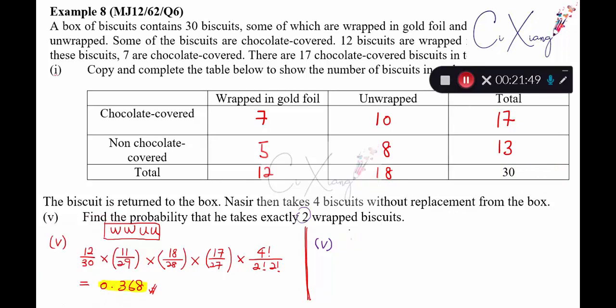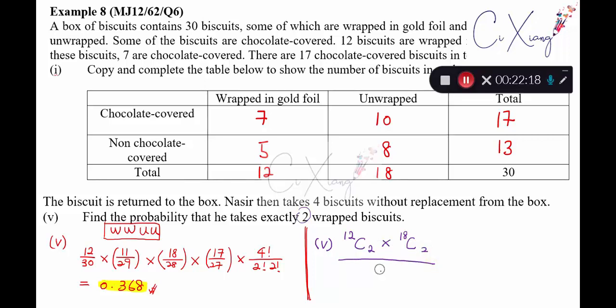We have 12 wrapped biscuits in total, and I would like to have 2 in the selection, multiplied by the 2 unwrapped biscuits. Therefore, from 18 unwrapped biscuits, you are choosing 2 of them to pull from the box, divided by the grand total.